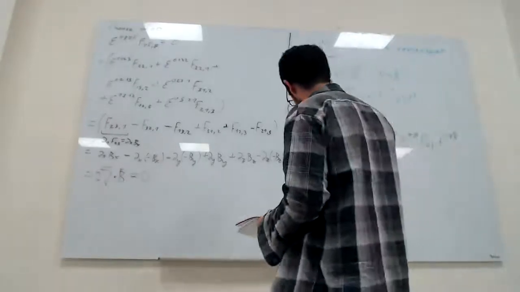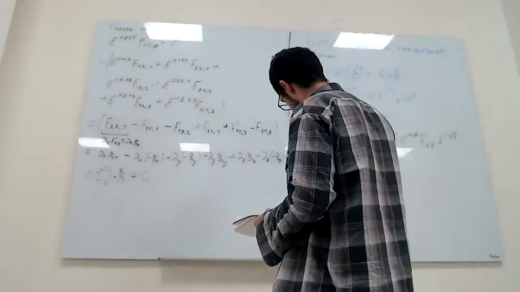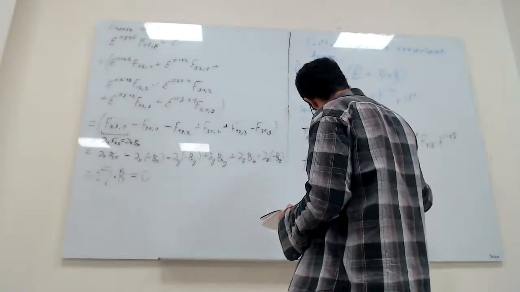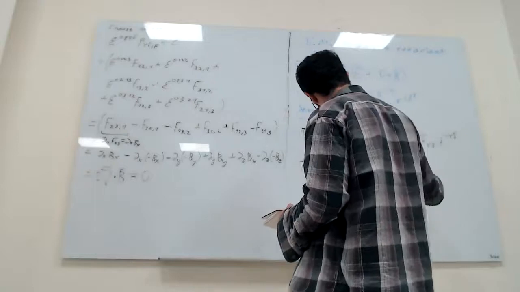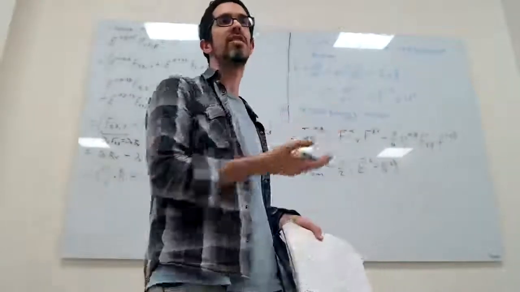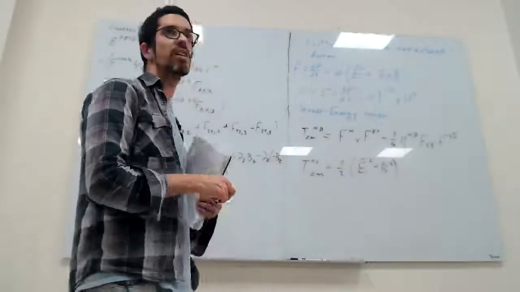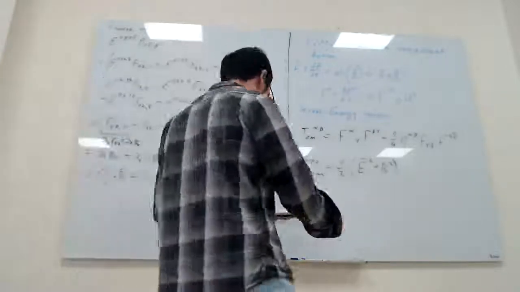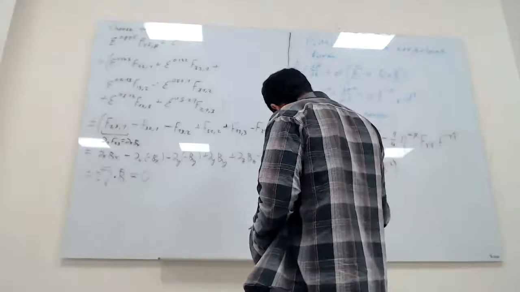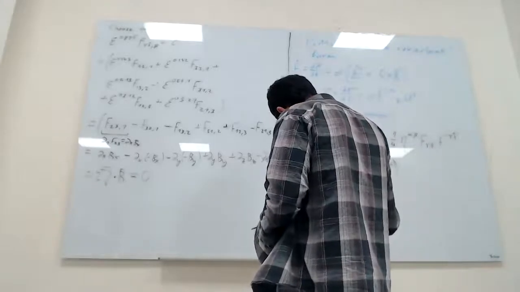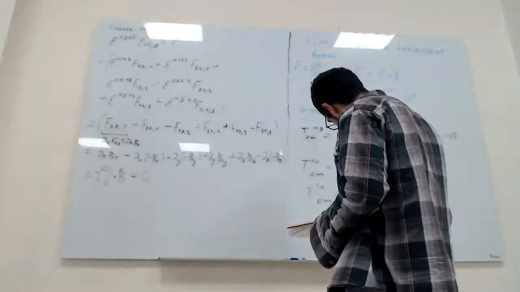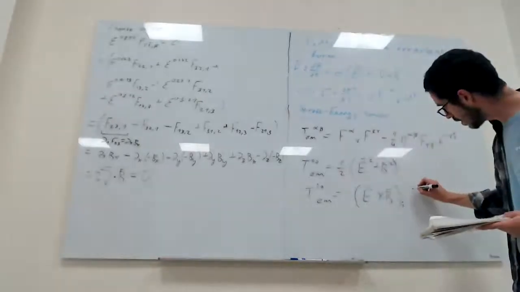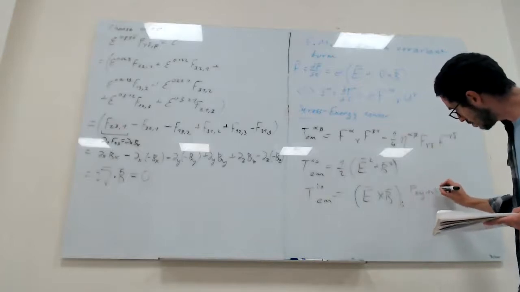Which gives us T00 for electromagnetism equals 1/2 (E squared plus B squared), which is the energy density of the electric and magnetic field, removing factors of permittivity and permeability of the vacuum. And T0i equals E cross B, which is the Poynting vector.